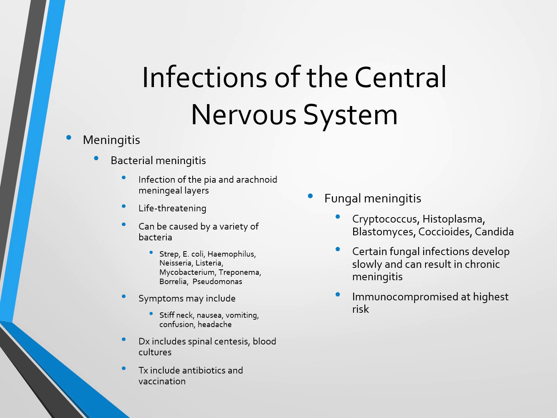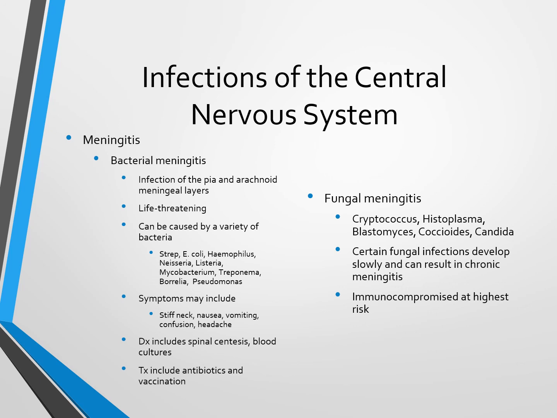Meningitis is an inflammation of the meninges. Remember, there's 3 protective layers of the brain, and that's the dura, the arachnoid, and the pia. And so with bacterial meningitis, that is specifically an infection of the pia and the arachnoid layers, and it is life-threatening.